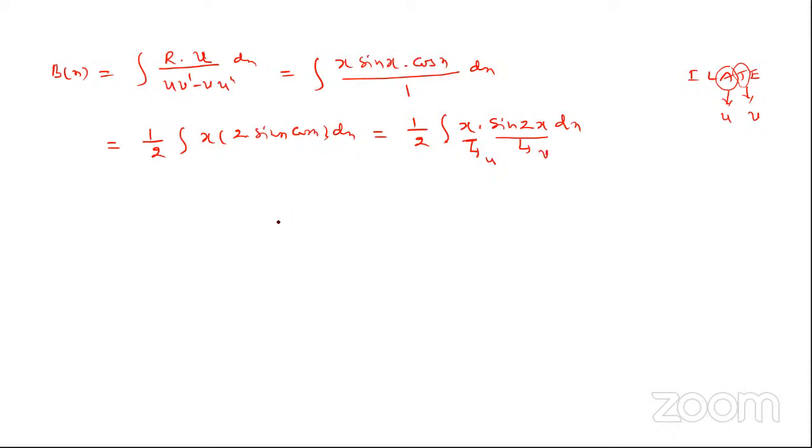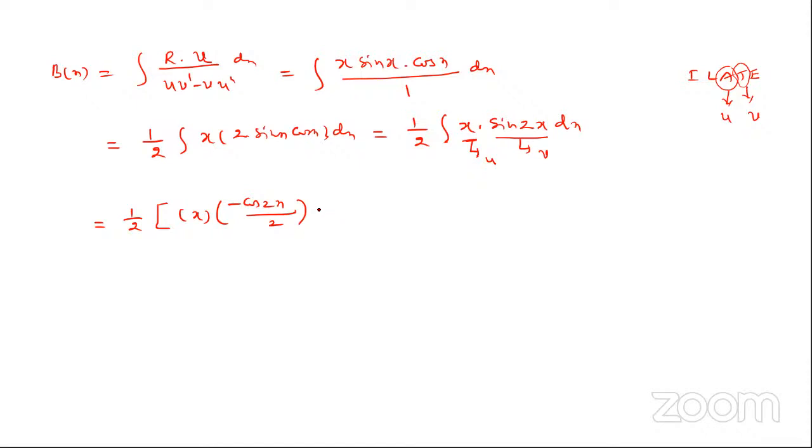Now apply once again the integration of U into V. So 1 by 2 into integration of U into V: U is x, integration of sin 2x. The integration of sin 2x is minus cos 2x divided by the derivative of the angle 2x, which is 2.